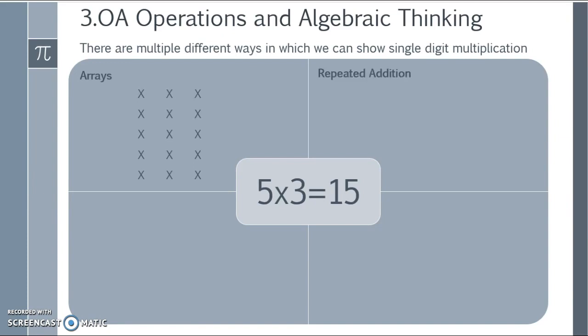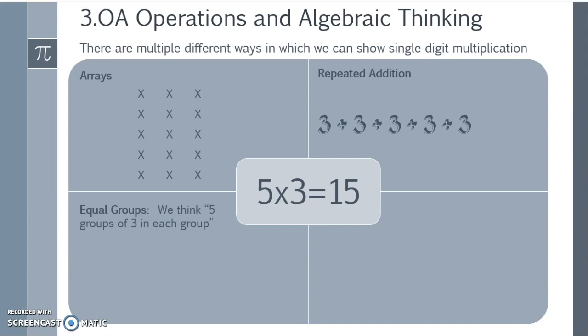The second one is repeated addition, which shows from second grade more into the arrays, or in addition to. So I can add 3 plus 3 plus 3 plus 3 plus 3, or we could add 5 plus 5 plus 5. We could create equal groups.